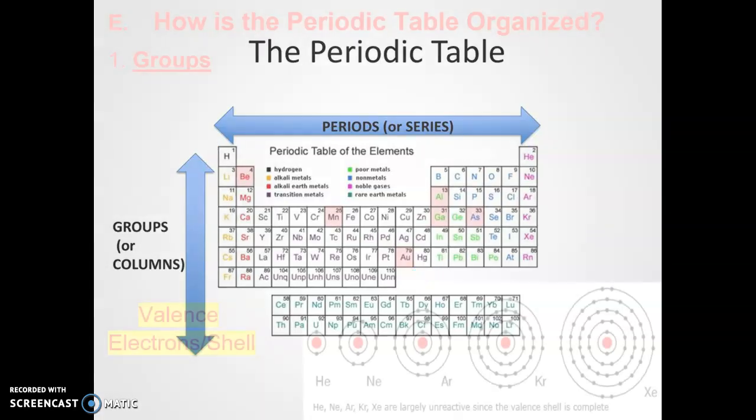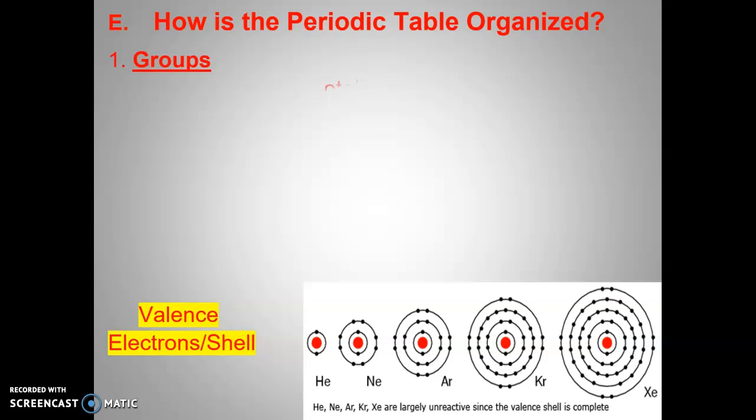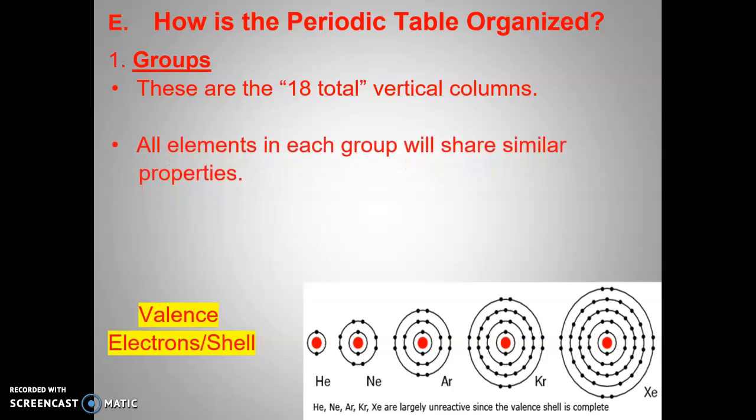So let's get more involved with the groups. For a group, as I just said, they're going to be the vertical columns, and there's going to be a total of 18 of them if you count from left all the way over to the right. All elements that are in a particular column or group will be very similar in their chemical properties.